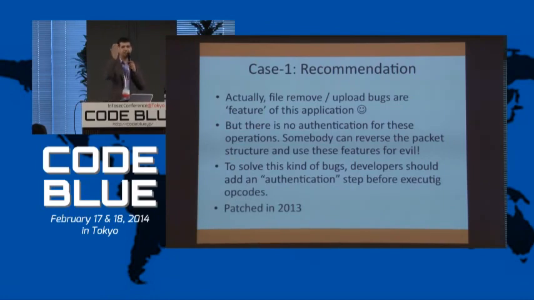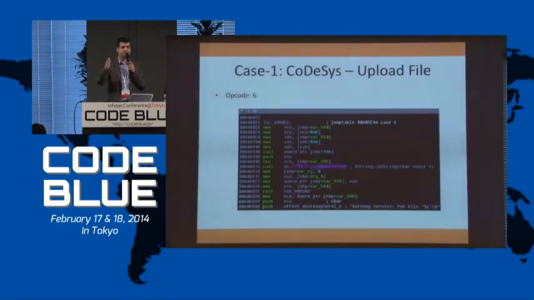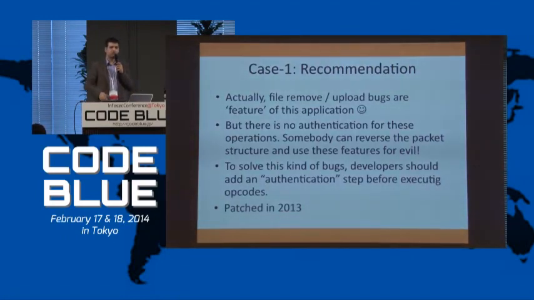For example, we reversed the packet structure. We understood that it compares just 2 bytes in the incoming packets. Then we can call the opcodes that we found, such as remove file or upload file, and we can use them for evil. To solve these kinds of bugs, developers should add an authentication step before executing these opcodes.